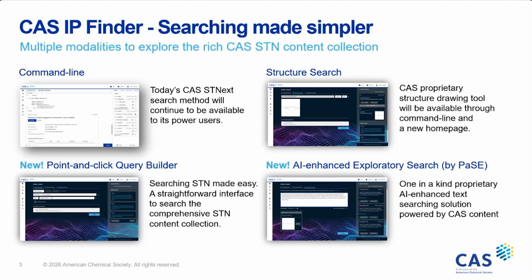This is using CAS's proprietary AI and machine learned models, which we have built to run a variety of our different features in not only STN in the past, but other platforms like SciFinder. You'll see with the exploratory search that you now have an easy to use method of inputting free text and then retrieving a set of both patent and non-patent literature. So you will see all of these in use today during the live demonstration portion of the webinar.